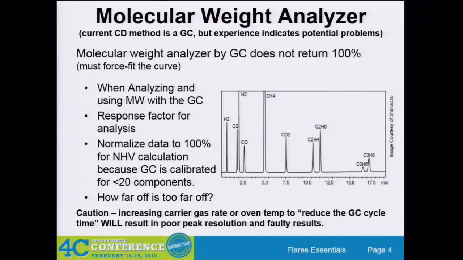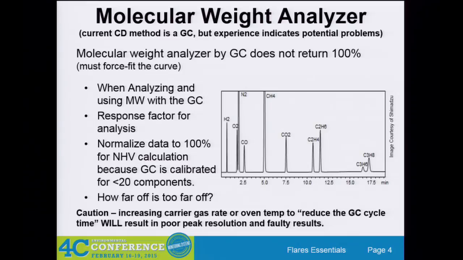Other issues that make control of your system a little difficult: you're getting data back, and you've calibrated for certain components, and then you get a component that wasn't calibrated for. So now you have a peak that you don't have programmed in as to what that is. How do you deal with that situation?